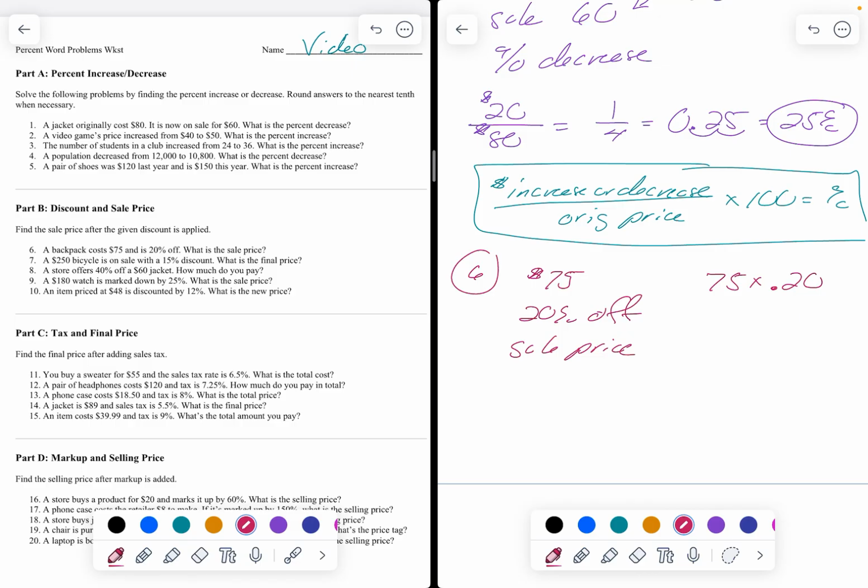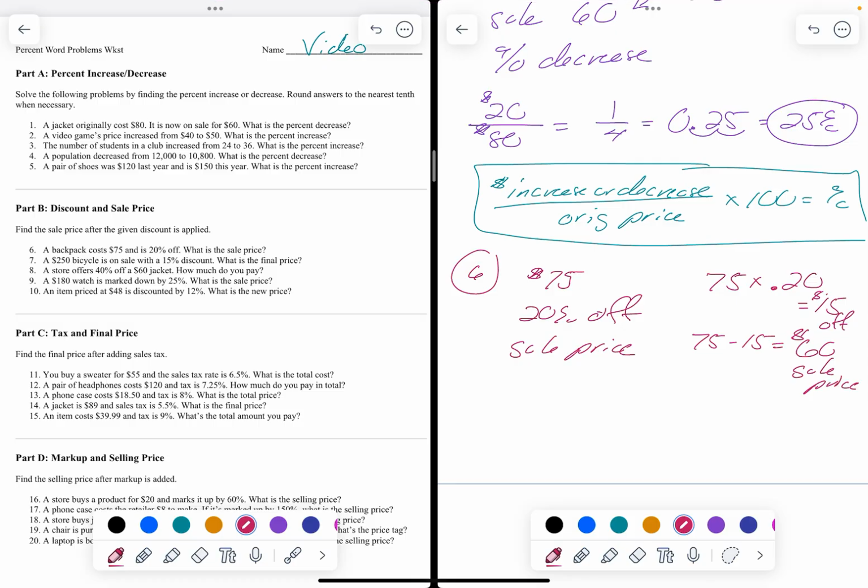And let's see, I've got my calculator right here. So give me a sec. There we go. So 75 times 0.2 is 15. So we're going to get $15 off. So we could do $75 minus $15, or $60 would be the sale price.